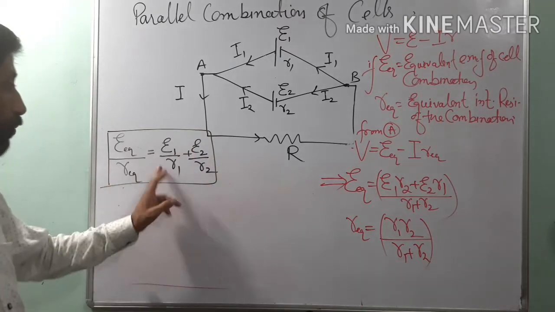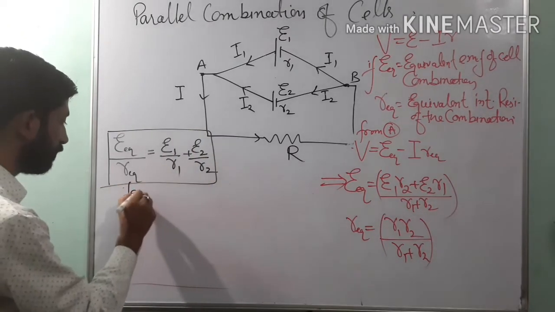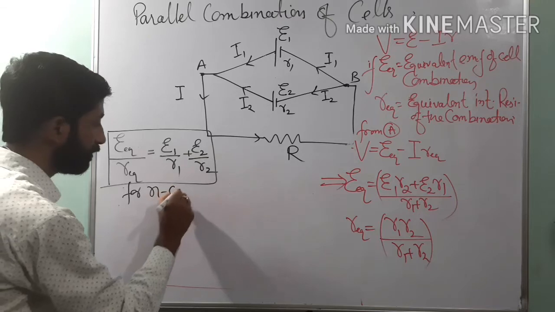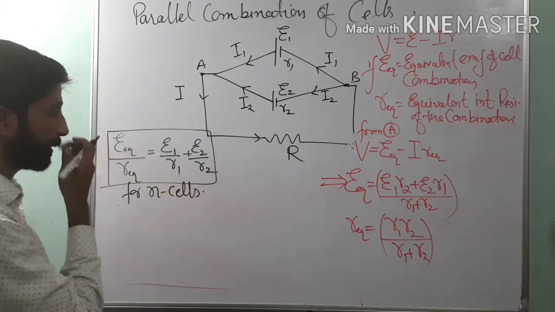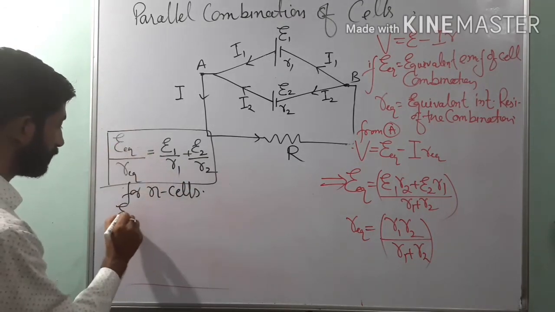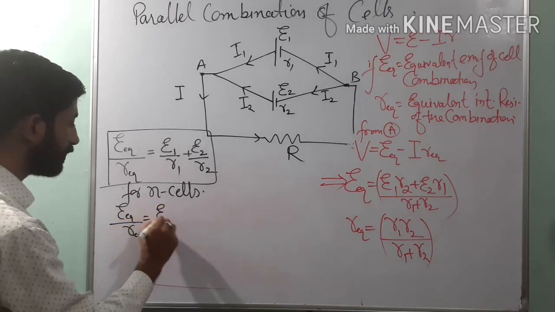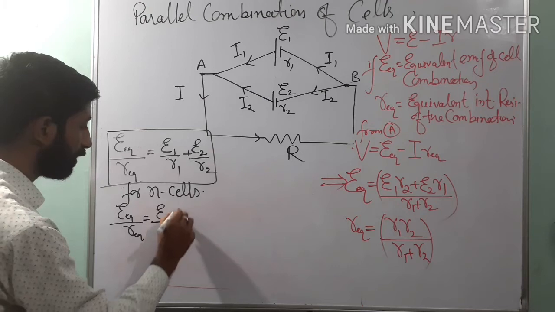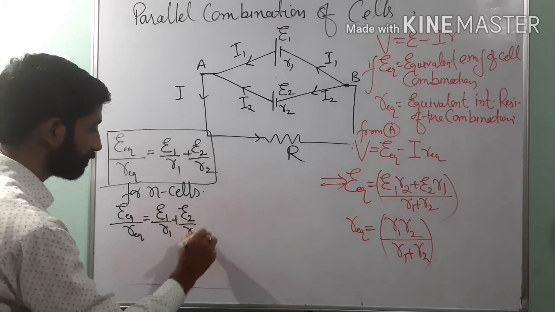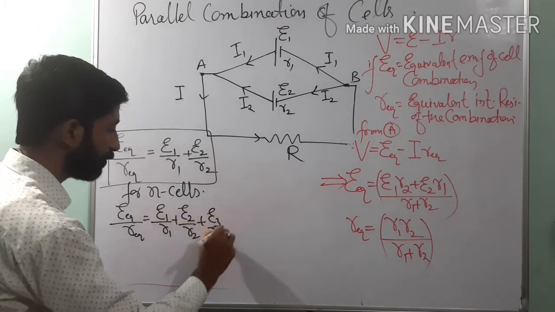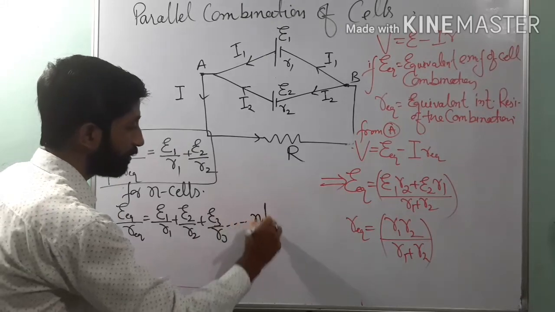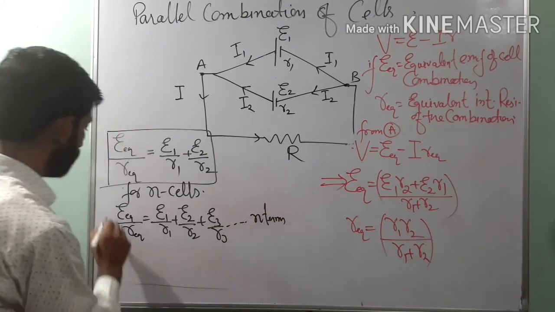Mind, this is for two cells. Now if we have n cells, then this equation becomes E equivalent over R equivalent is equals to E1 over R1 plus E2 over R2 plus E3 over R3, and up to n terms.